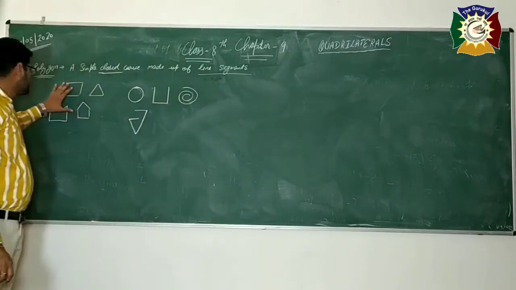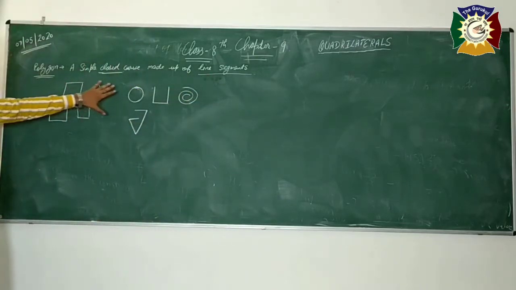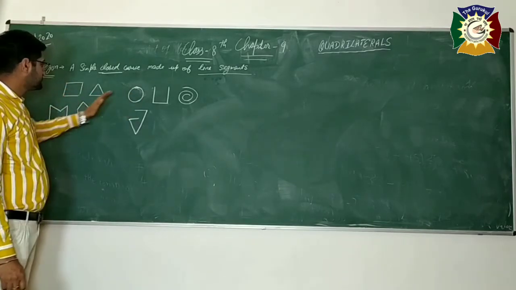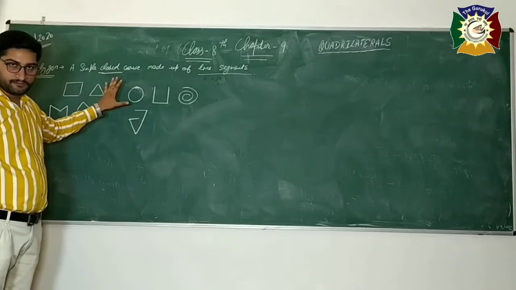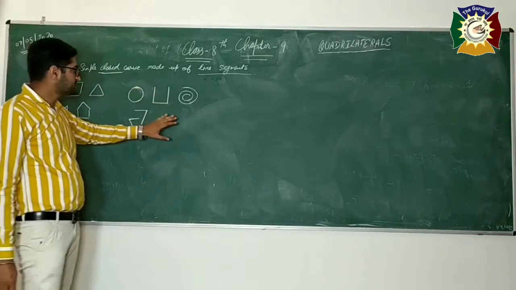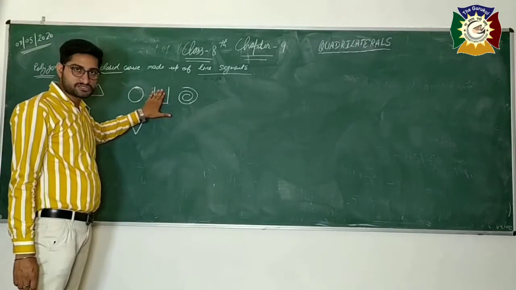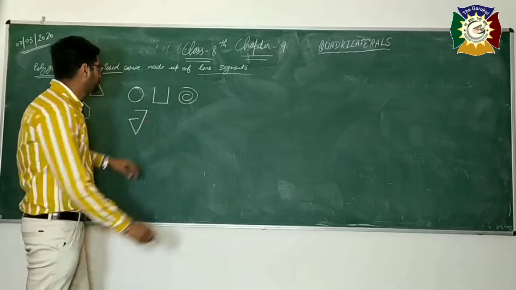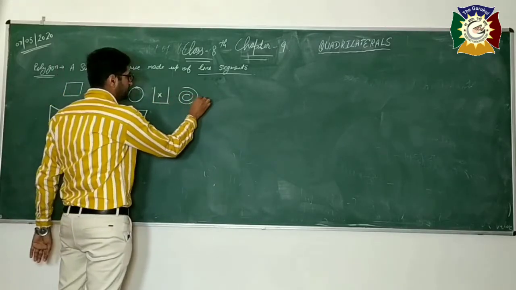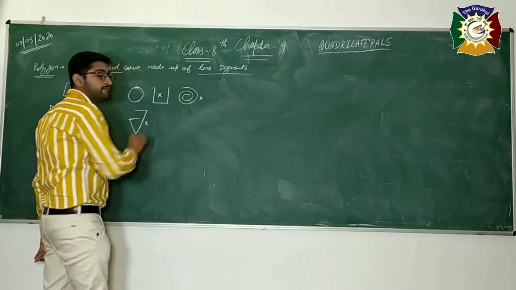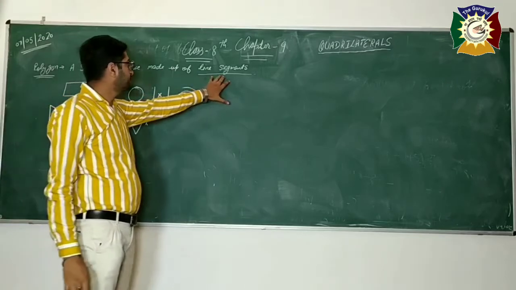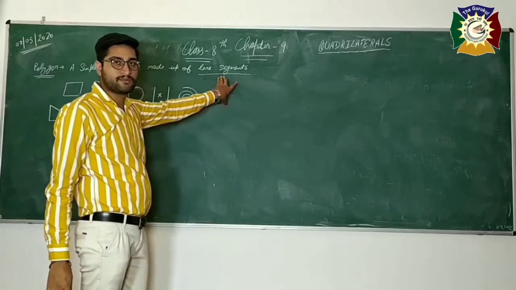Now see, these are closed figures. This is also a closed figure. Then this and this can be a polygon. Now clearly you can see this is not closed, this is not closed, this is not closed. So these are not polygons. Now the second point: it must be composed of line segments.